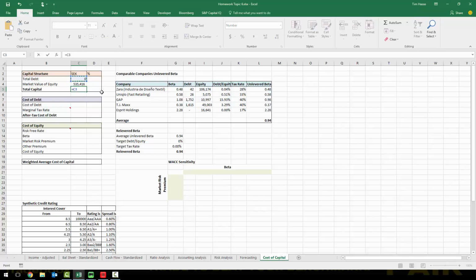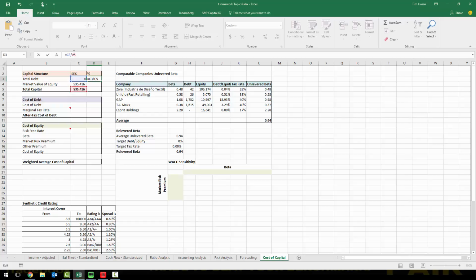So if I wanted to get the total amount of capital that I have within the firm, it's 535 million. Then what I need to do is figure out what is the percentage of the capital structure. Effectively speaking, this is a very easy exercise for me, but if you had some debt, you would take, in this case, C3 and divide it by C5.